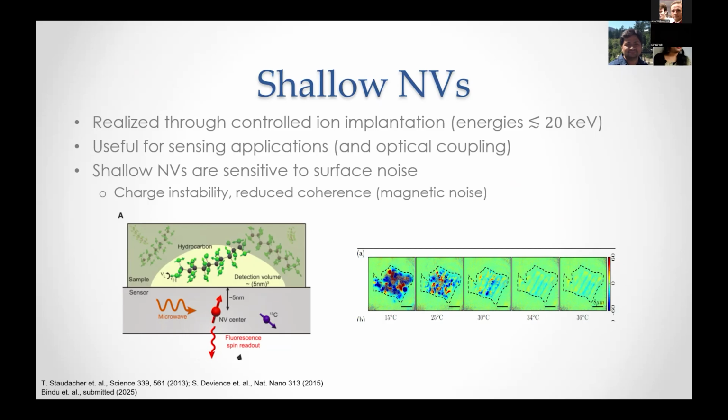But then what happens is that as they get close to the surface, they're not only sensitive to whatever it is that we want to measure, they're also sensitive to whatever crap there is on the surface, and there always is. So noise from the surface tends to affect properties of shallow NVs that are close to the surface, and that's an issue that even some of you are trying to actively address.